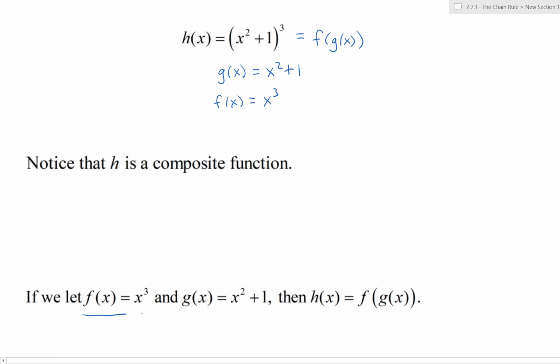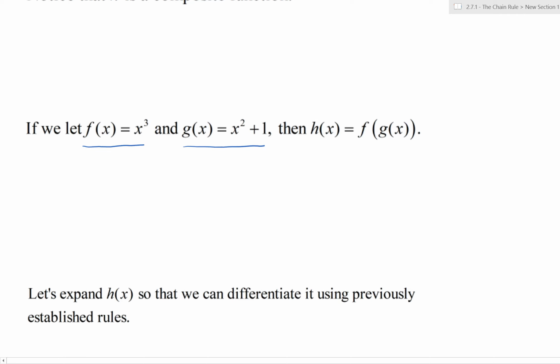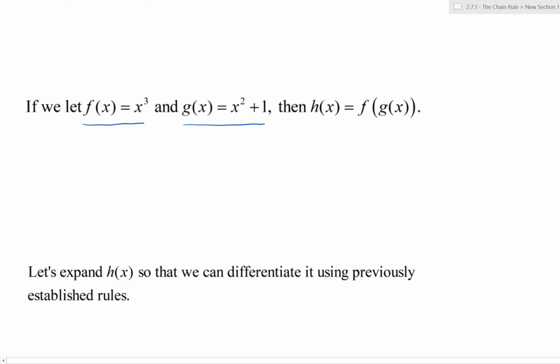And that's just what's said right down here, right? So we have our function f of x is x cubed and g of x is x squared plus 1, so that h of x is equal to f of g of x. And of course, what we're going to do here is differentiate it. We don't know what the rule is yet for the derivative of a composite function.